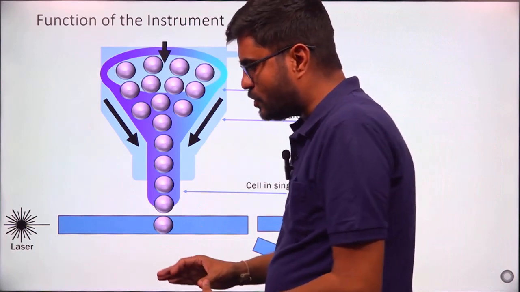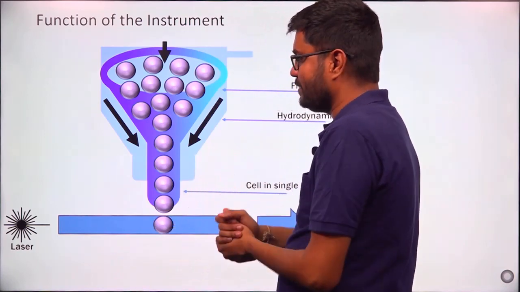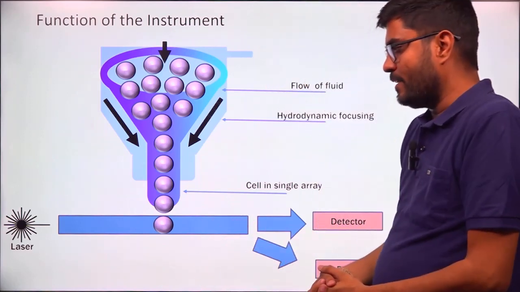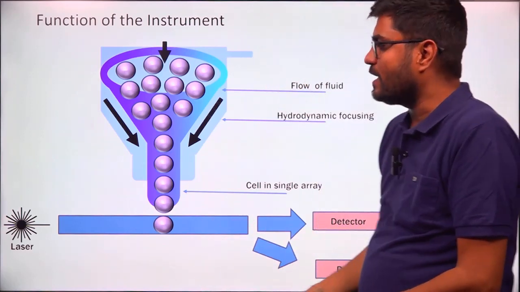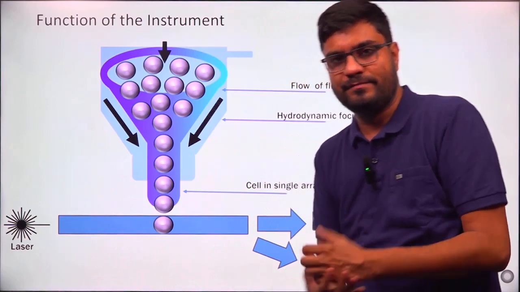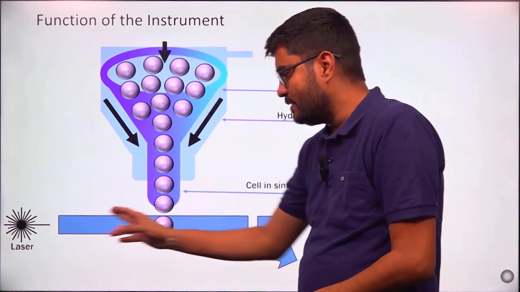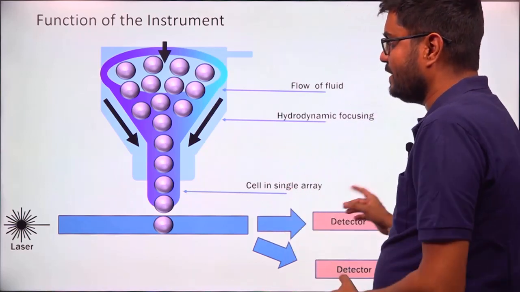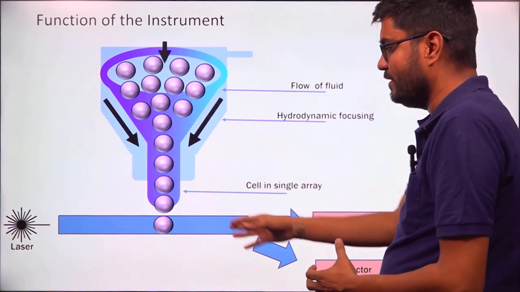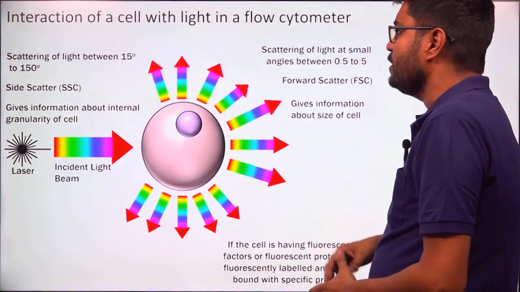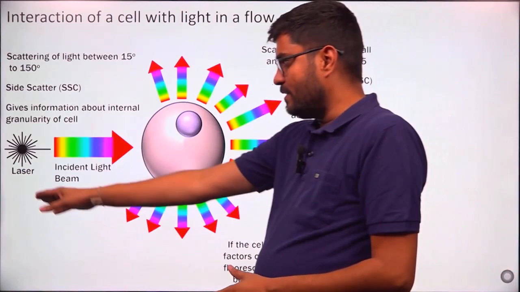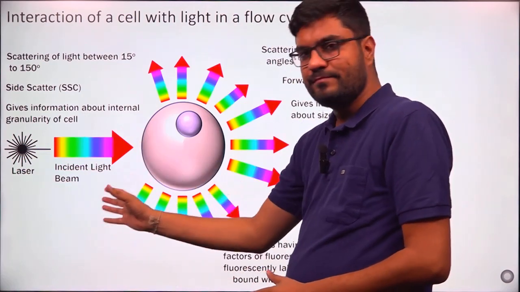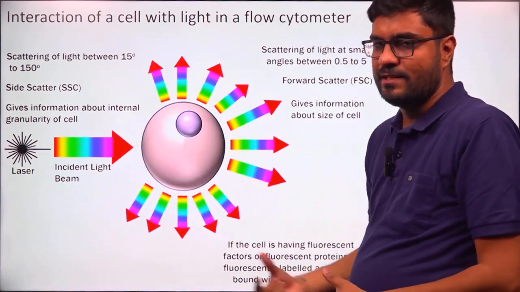So the principle is not in the working of the instrument, but the principle lies mainly in understanding what kind of interactions are happening between the laser and the cell. So let's understand the interaction of light with the cell. Here is our light source, the laser. Then we have the incident light beam, and here is our single cell.